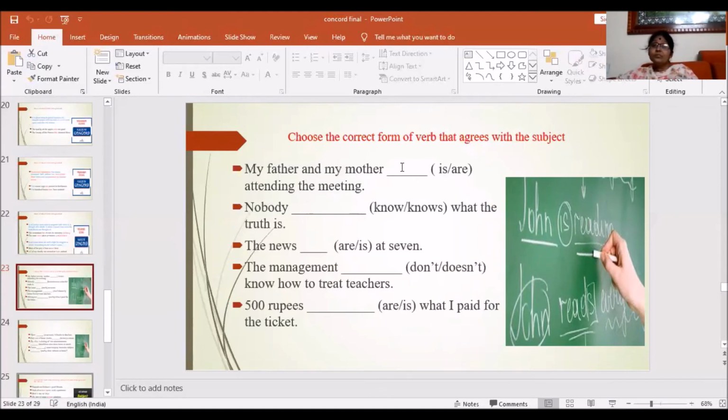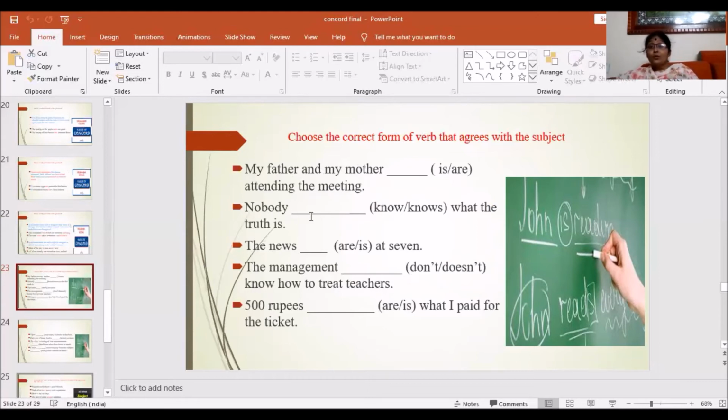We should use are. Why should we use are? If two singular nouns are of different persons, then the verb must be plural.